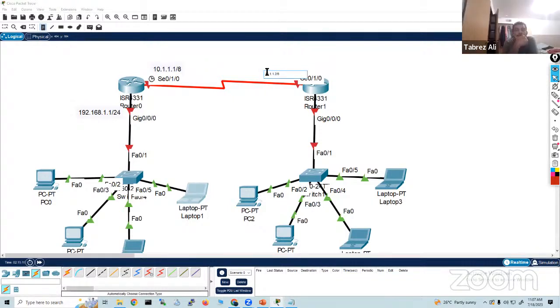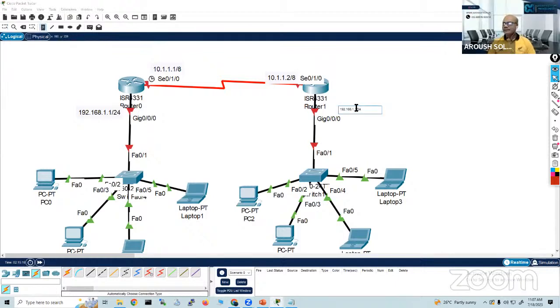Correct? Yeah. So what should be the IP address here? Two.